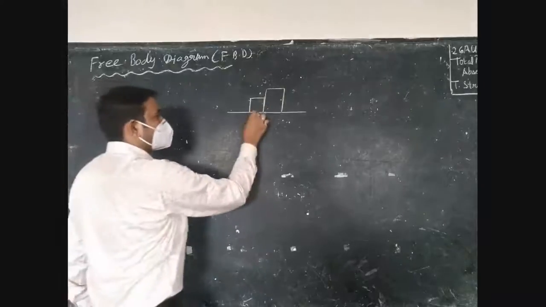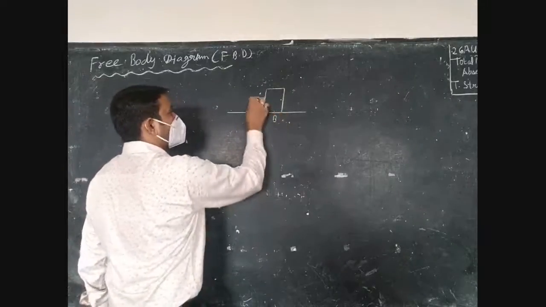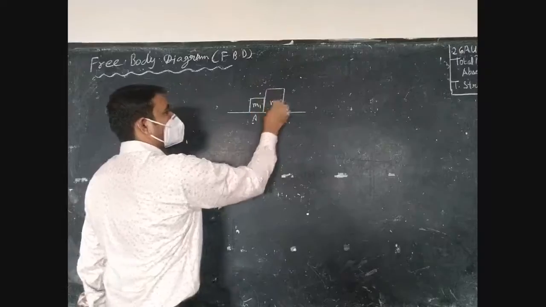Let's say this is object A and this is object B, with masses m1 and m2.